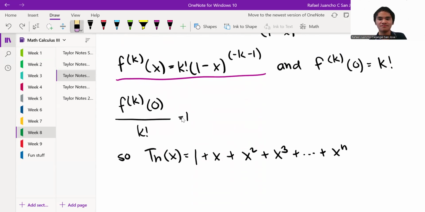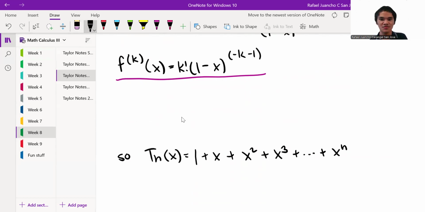Oh, let me try something. So once I get this, I want to do a summation. Let me do a summation. My k starts at zero. I go all the way to n. And so that means my derivative, my x, or actually, yeah, that's fine. I can rewrite it.